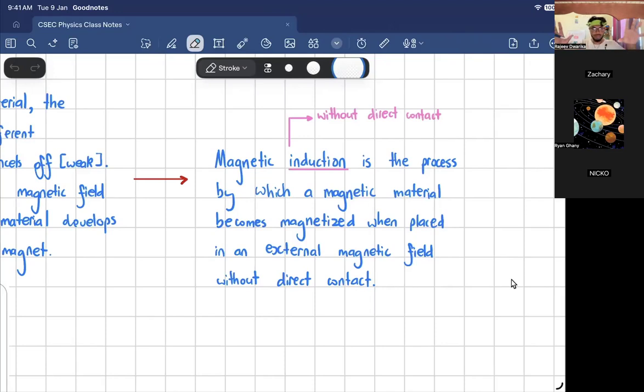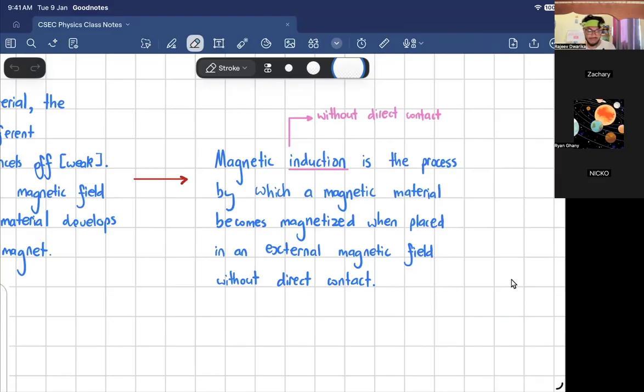And if you all remember last class, I said if you bring a magnet, what do you have around the magnet, guys? A magnetic field. And when you bring a magnetic material close by, you remember you had tiny little magnets in the magnetic material called dipoles, right?